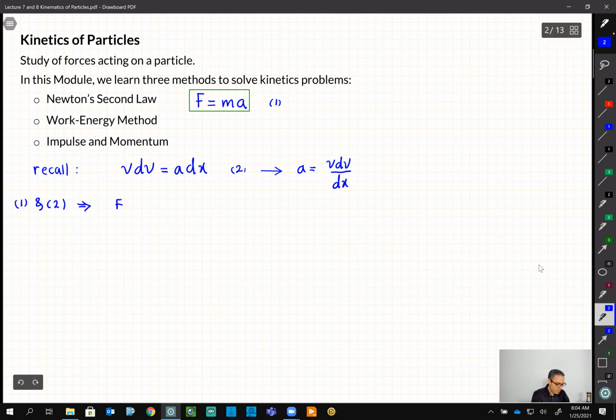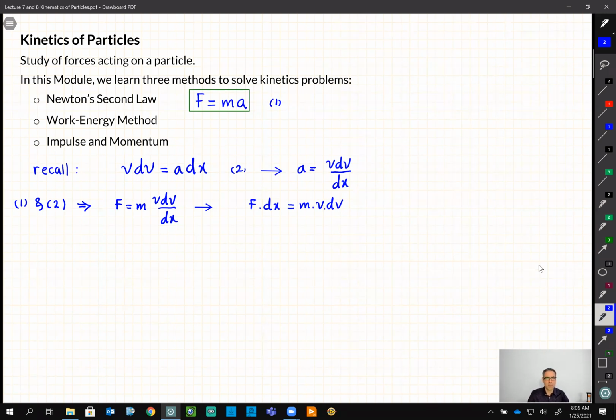F will be equal to m times v dv divided by dx. Let's simplify it a little further. What do we get? F multiplied by dx is equal to mv dv.